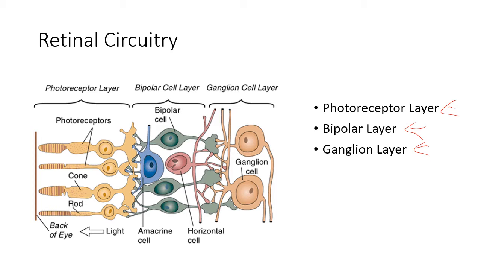These other layers, the ganglion layer and the bipolar cell layer, are translucent. So light passes through these layers into the photoreceptors.